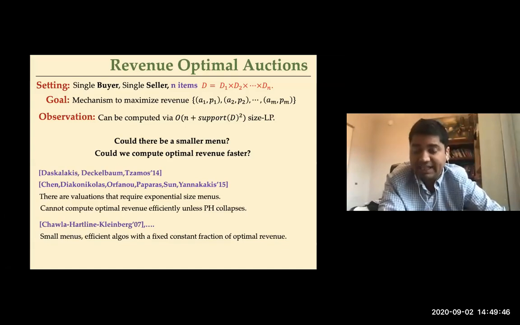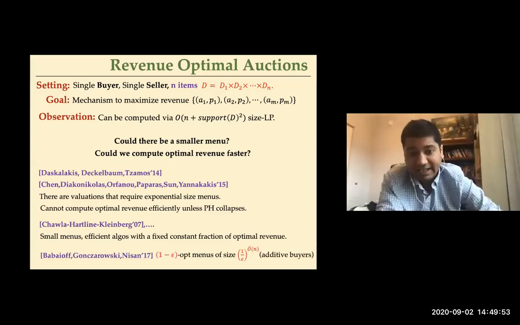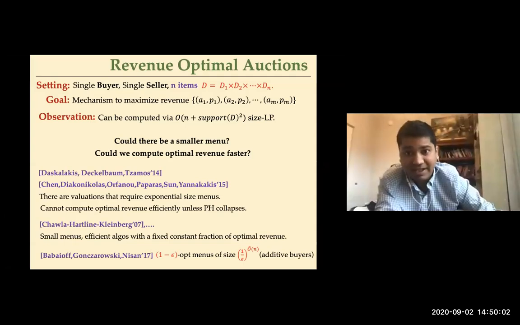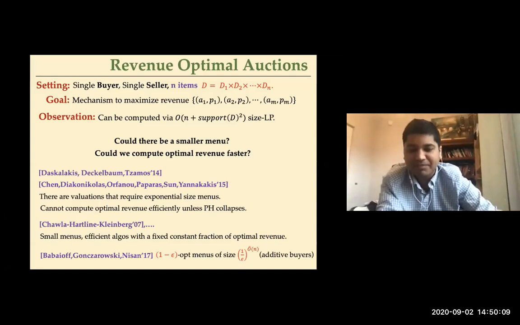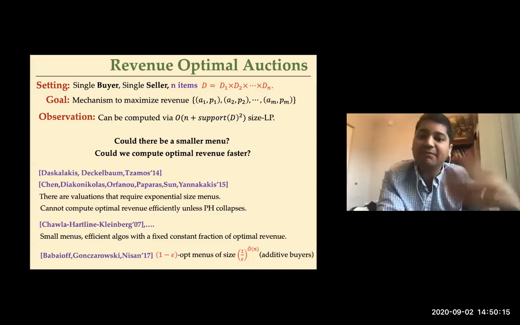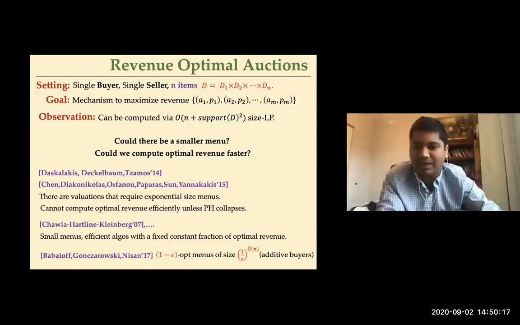For any epsilon, can I get a 1 minus epsilon fraction of the optimal revenue with a small menu? Until about 3 years ago, we didn't even know that there was a finite size menu when the distribution has infinite support. In the work of Babaioff, Gonczarowski, and Nisan, they proved that there is a clever discretization that gives you an exponential size LP, even when the distribution D has infinite support.